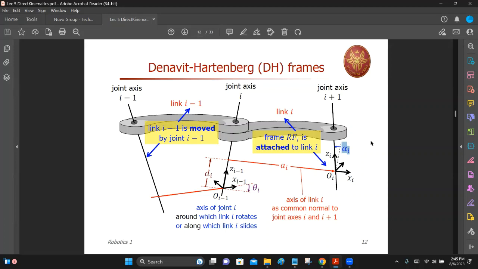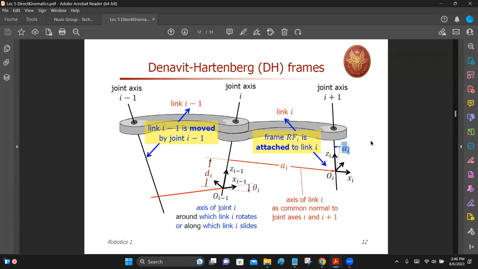If you can do these 4 operations mathematically, all you need to do is repeat that from base to the end effector. Joint, link, joint, link, joint, link. Get these pairs from the base to the end effector. You are done.